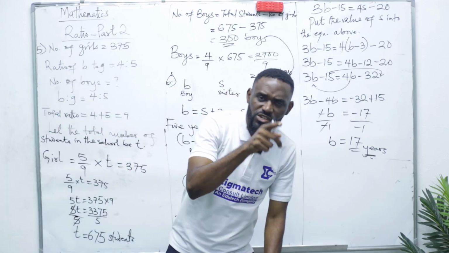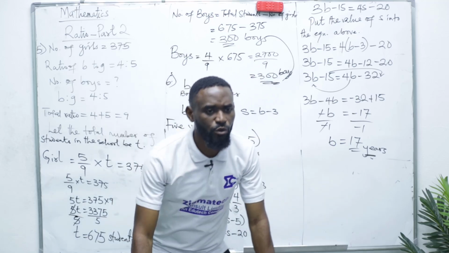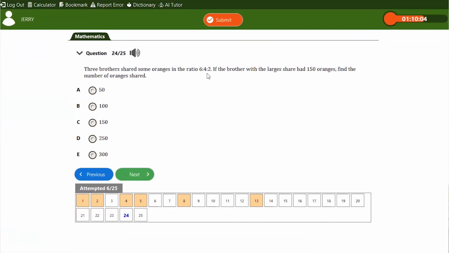So I want you to do this, try this on your own. Okay, try this particular one on your own. You have been given the ratio, the sharing formula, and they have given us the number of oranges that the brother with the largest share ratio, the one with the largest share, received, and you know from 6:4:2, you know the largest share ratio there.